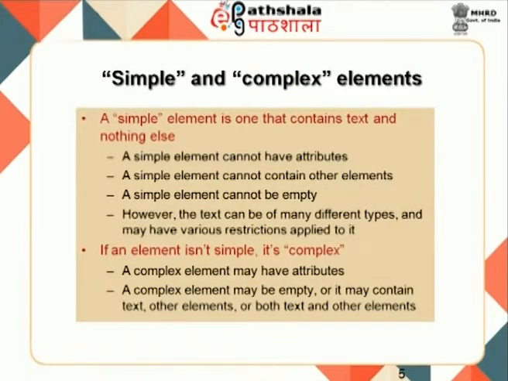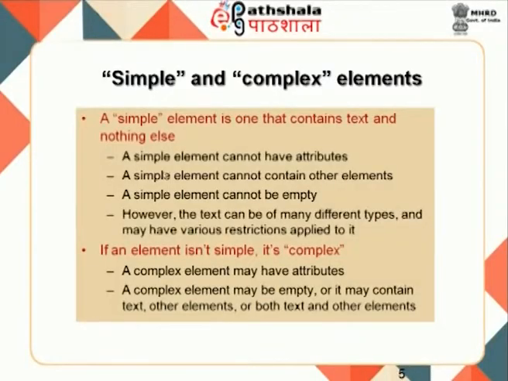Now we will see what simple and complex elements are. As we have seen earlier, a simple element is one that contains text and nothing else. Simple elements cannot have attributes, cannot contain other elements, and cannot be empty.